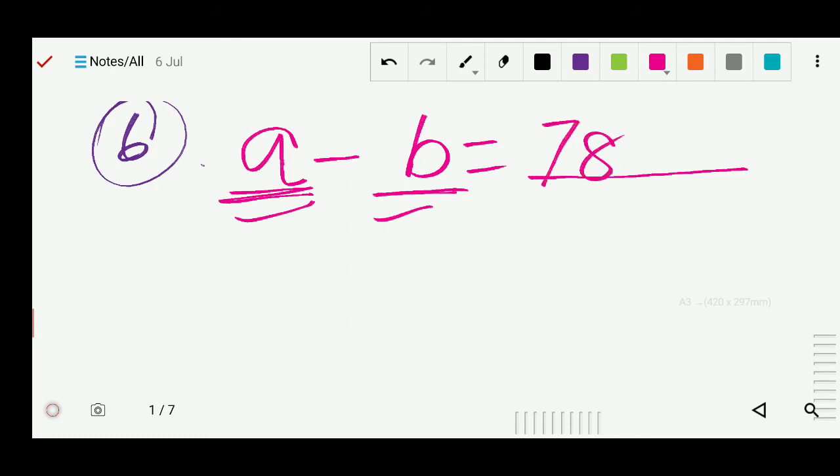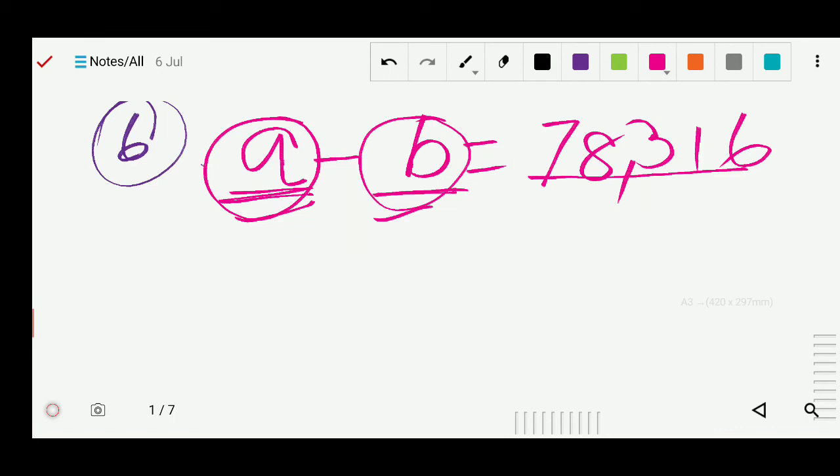That is your 78,360. But what is another thing? A smaller number. Of course, we are subtracting B from A, so this B will be the smaller number. This is given.